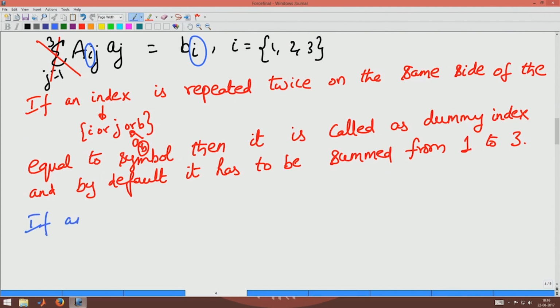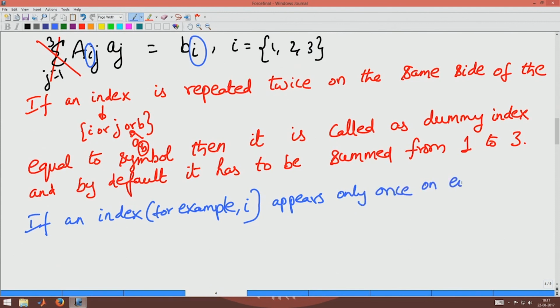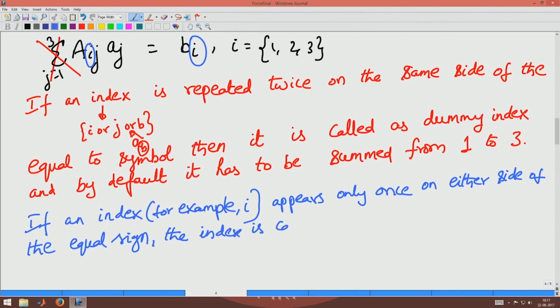If an index, for example i in the above equation, appears only once on either side of the equal sign, the index is called a free index.